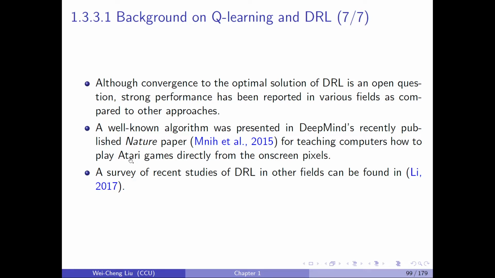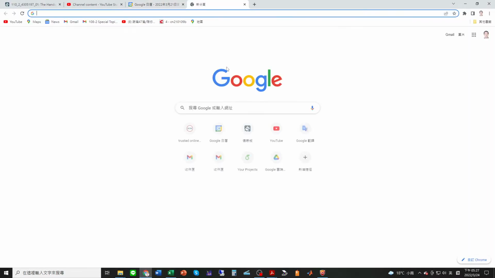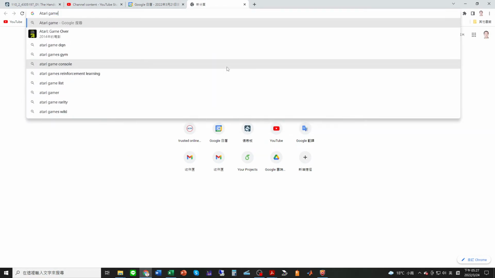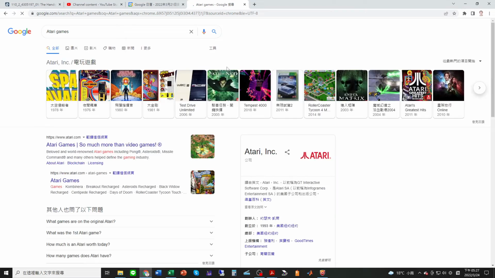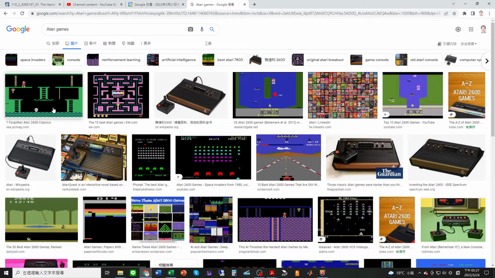Okay, what are Atari games? Let me show you some pictures. Okay, Atari games, like this, and like this. This we call Pac-Man.